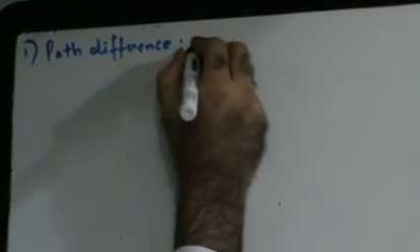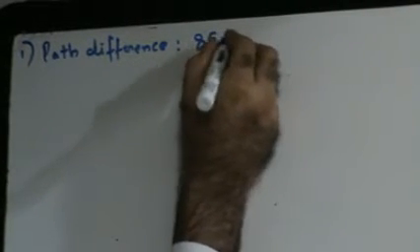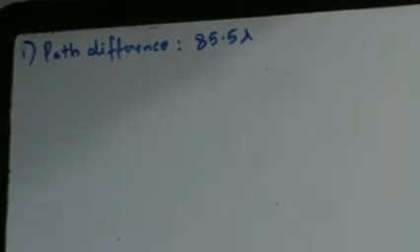Take note please. The path difference between two identical waves arriving at a point is 85.5 lambda. Is the point bright or dark?